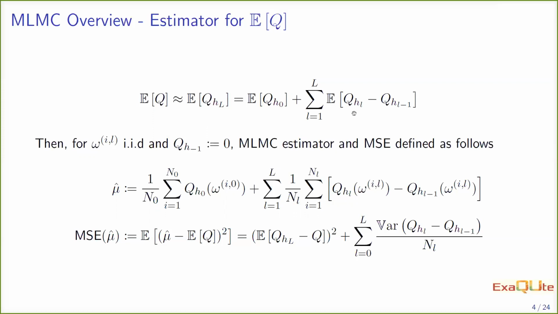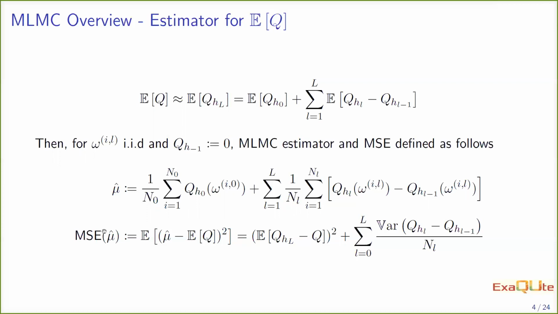An important thing to notice is that when you're estimating this expectation, you solve the underlying problem on both levels using the same underlying realization. And so what MLMC does is basically to exploit these correlations to somehow reduce the cost.